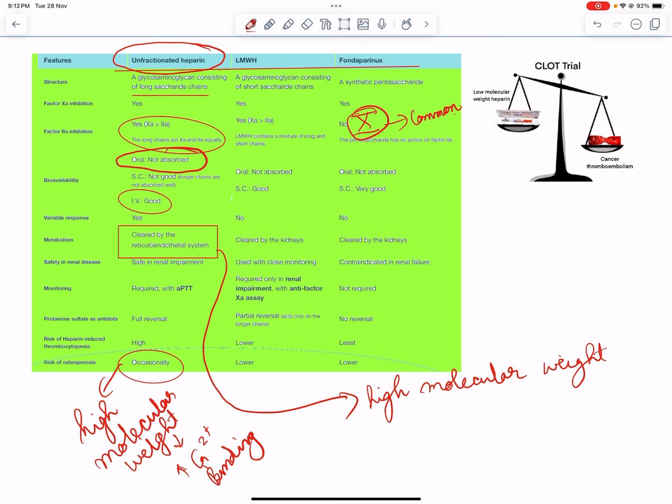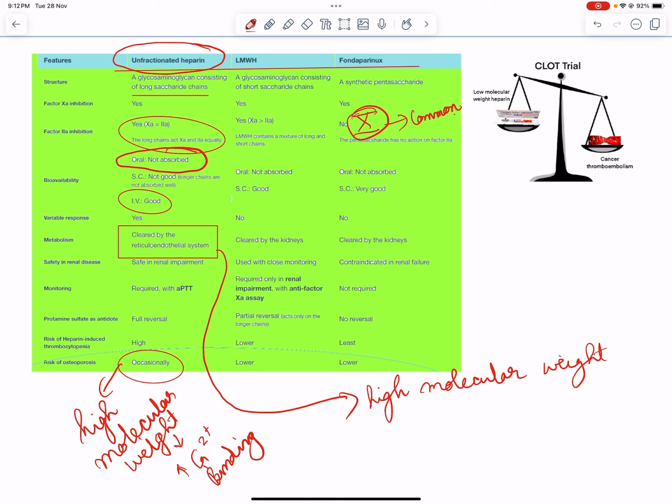Now we come to their clearance and metabolism. Unfractionated heparin is of high molecular weight. Just take the reverse situation: if this high molecular weight substance is allowed to go into the kidney, the kidney may shut down, because it cannot process this much in the renal tubules.